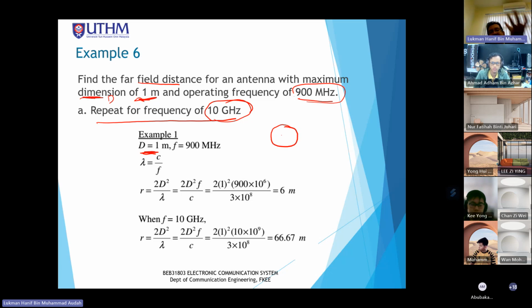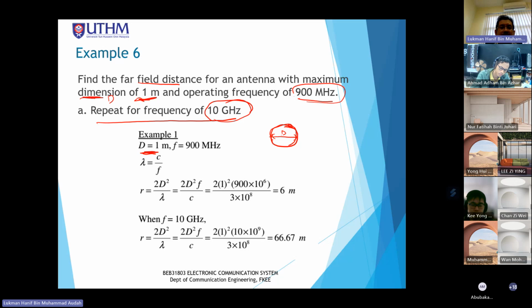So the surface of the antenna is actually a circular shape, and the dimension here is the d parameter. In your lecture notes, we always use the parabolic antenna as an example.